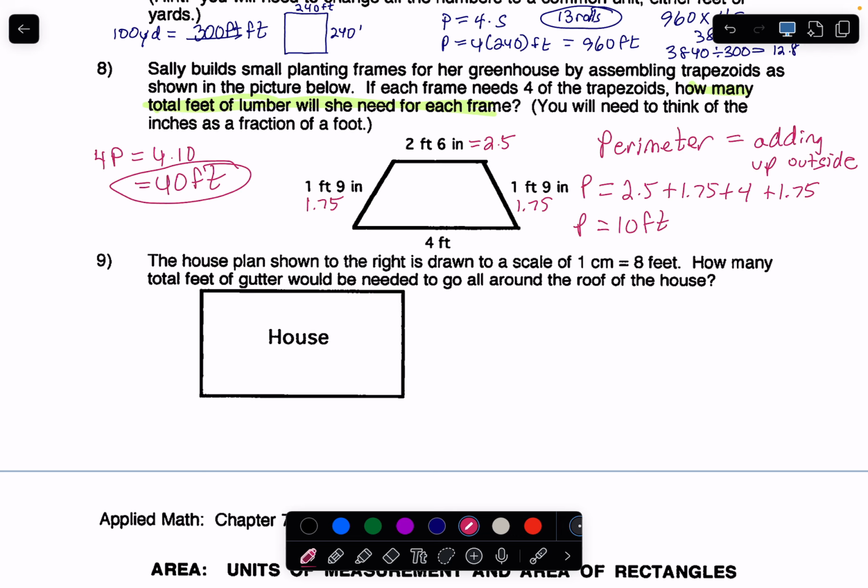Try to be accurate to the nearest tenth. And then we'll share in a minute.